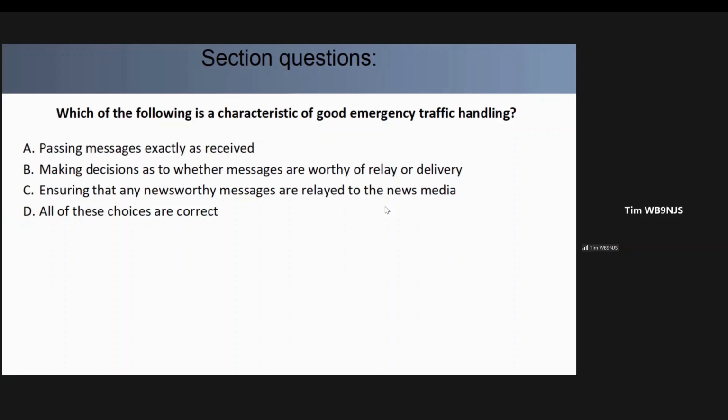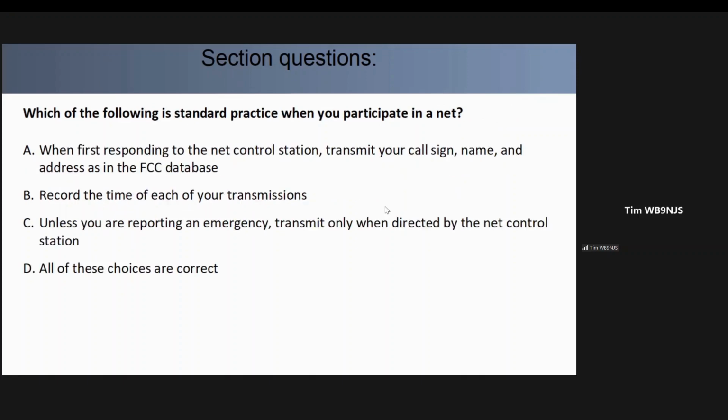Passing the messages exactly as received, making decisions as to whether messages are worthy of relay or delivery, ensuring that any newsworthy messages are relayed to the news media. Well, those last two don't make any sense. All of the above can't be right. No, it's important. Your job is to simply pass the information exactly as received. So that is a characteristic of good emergency traffic handling.